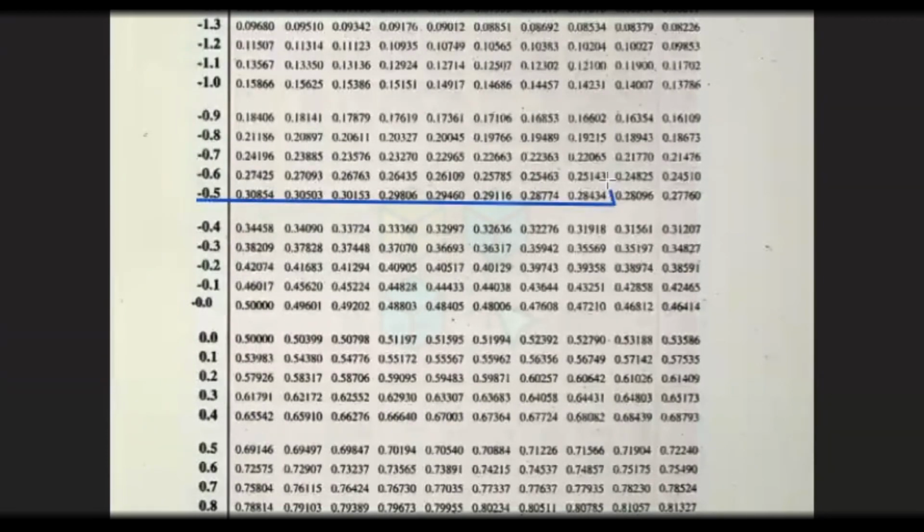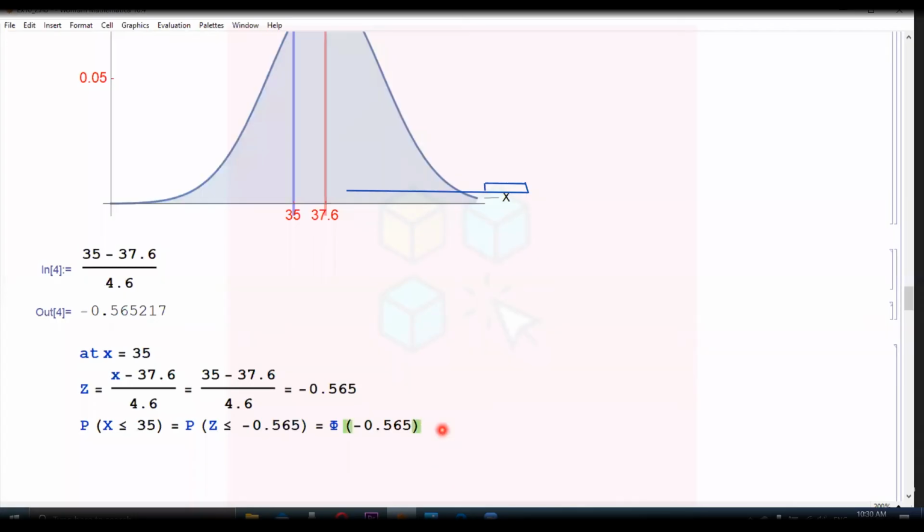So we will take these two values, and 565 is in the center of these points, so we'll take the average of these 2 points. These 2 points are 0.2877 and 0.28434.